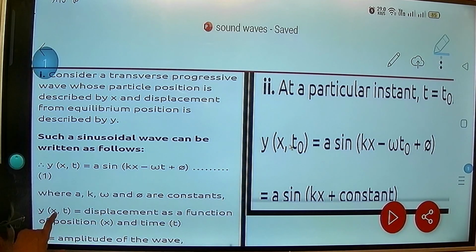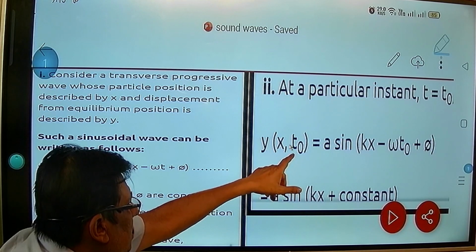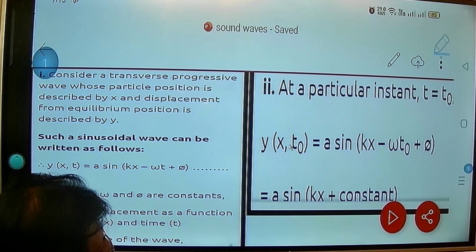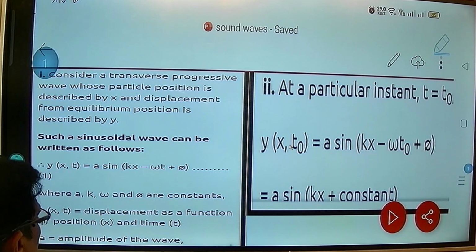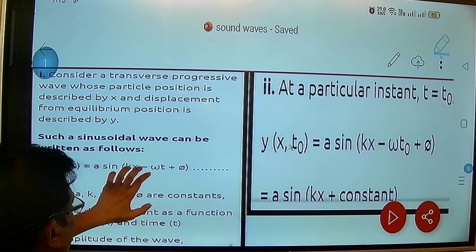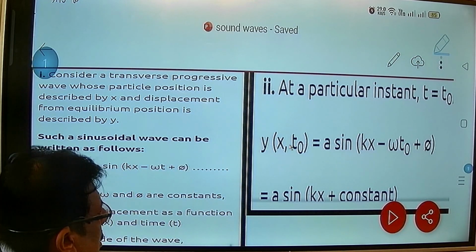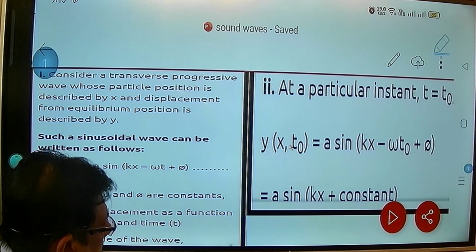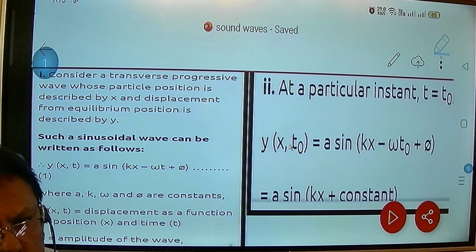Now here we have seen that y was the function of x and t. Now I am replacing t by t0. So now we get a new equation, y = A sin(kx - omega t0 + phi). Means equation number 1 is the same, only a minor change is made due to the substitution of t equal to t0.